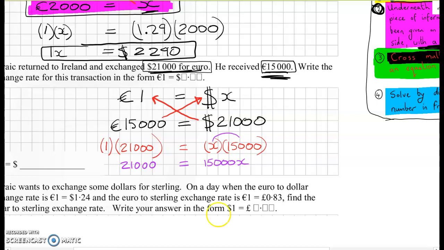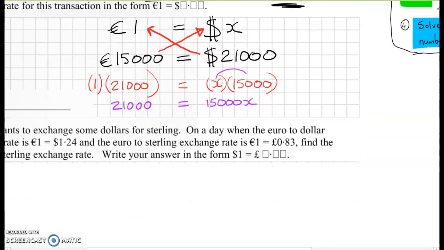Okay. Now let's just zoom in here for a second. What am I actually looking for? I'm looking for what X is. So I need to get X on its own. Now if I want to get X on its own, I've got to get rid of this 15,000 here. So in order to get rid of that 15,000, I need to divide by 15,000.